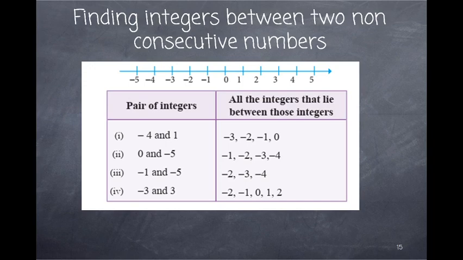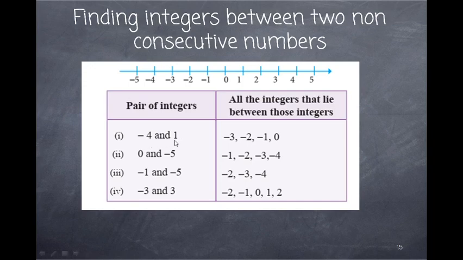If I am given -4 and 1, the easiest way to find out is you can mark -4 and 1 by colored dots on the number line, and then you know what the numbers in between those two numbers are by looking at this number line. Mark those two numbers and write all the numbers in between.